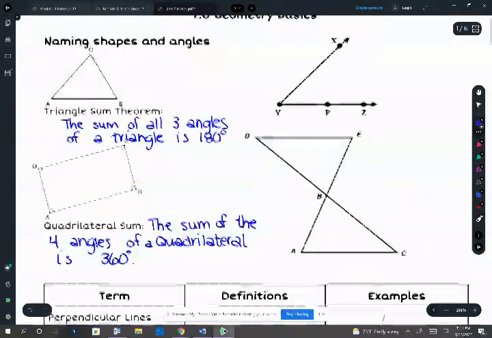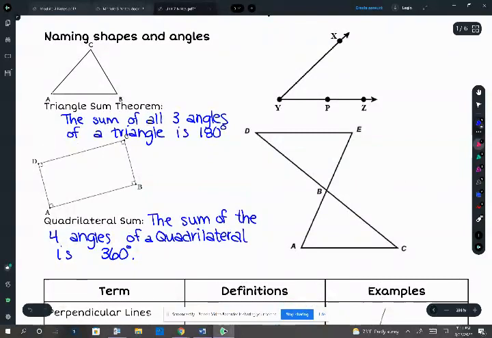We also can look at either one of these shapes and have to name them by the vertex letters. And so as we look at this triangle, we can call this triangle ABC. We're going to start at A, go to B, and then to C. So we name it in the order that we are saying it.